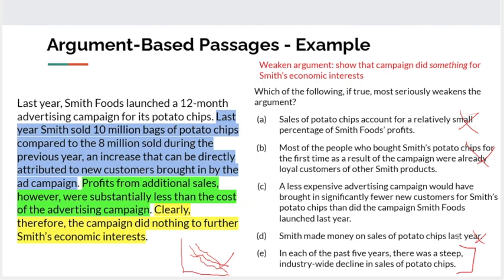We could think of all the things that selling more potato chips and reversing that decline could contribute to the company. To buck the trend and reverse the decline, that suggests that this advertising campaign did do some things that benefited the company.